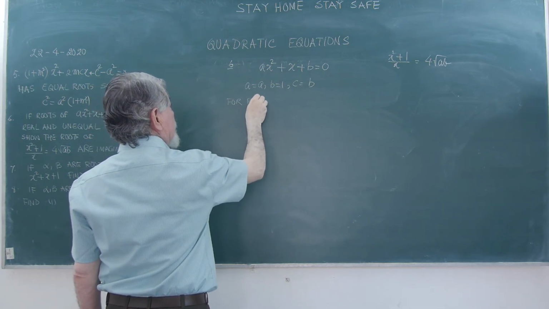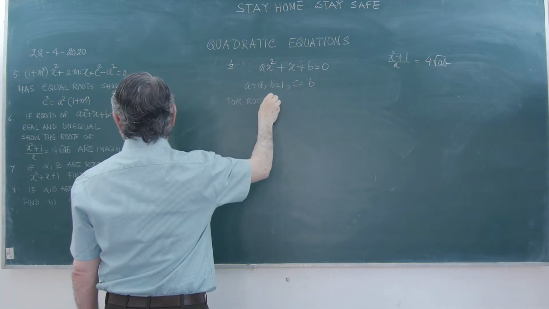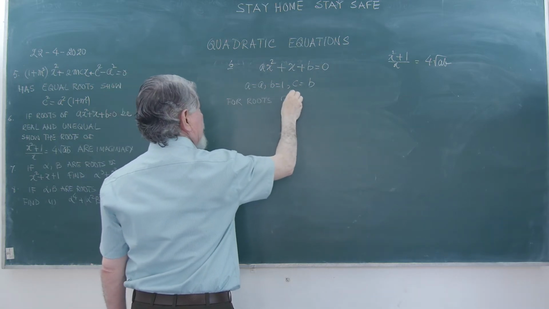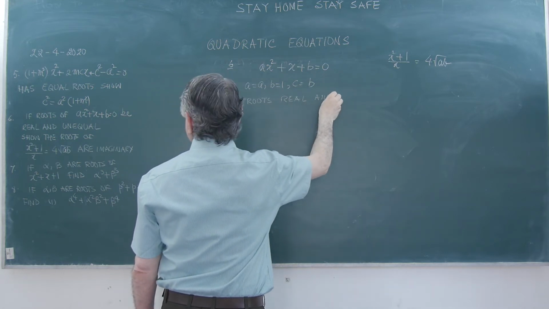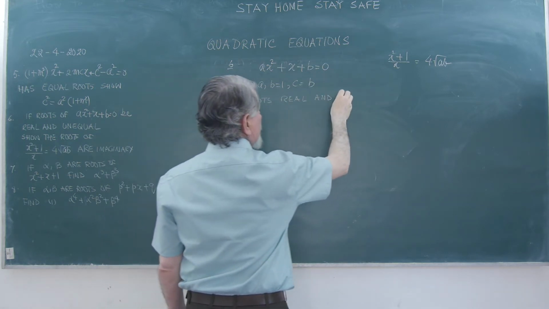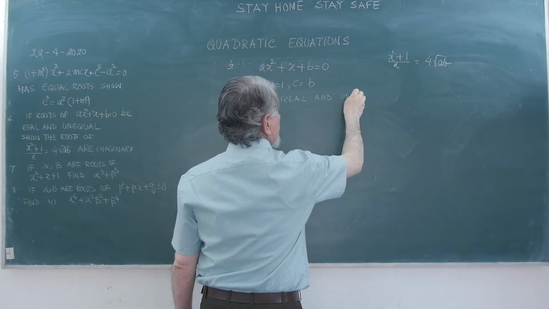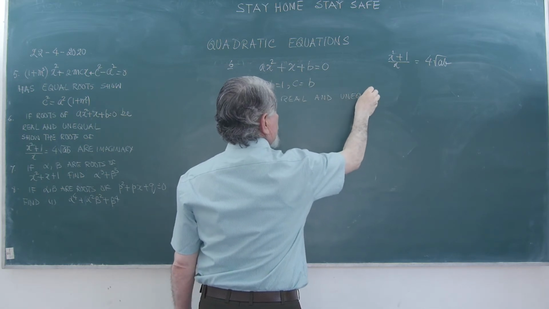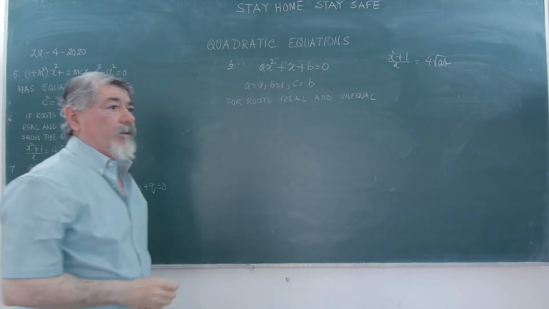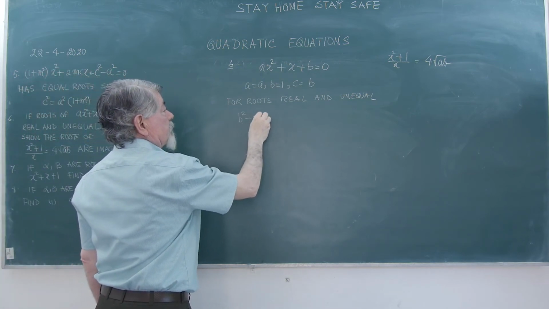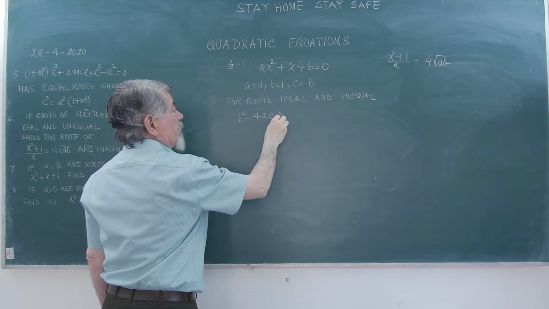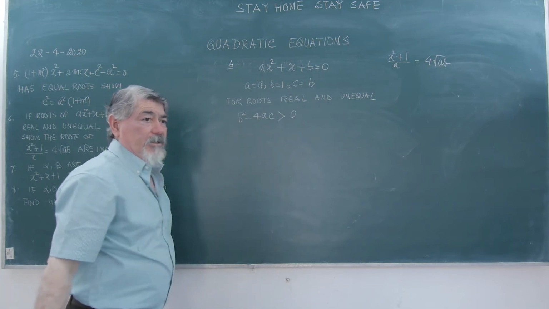real and unequal. What is the condition? B square minus 4ac should be greater than 0.